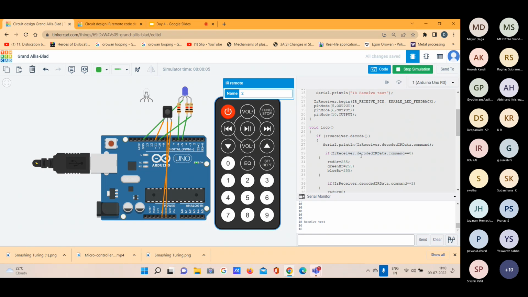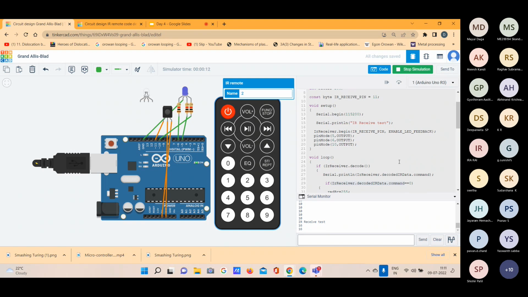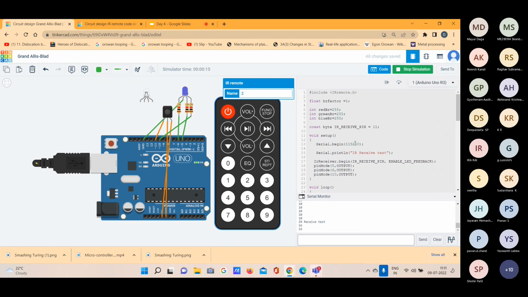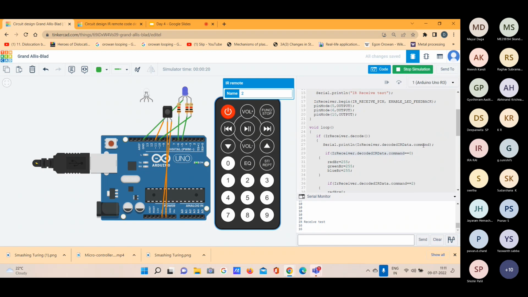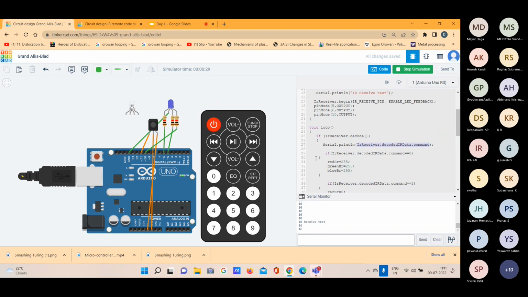So it just decodes the IR data and stores it in the command variable. It's just a syntax, we should write this for decoding the data you receive from the IR remote. And each button corresponds to one value, like for 4 it is 20, for 5 it is 21. Okay, I hope it was clear to you.